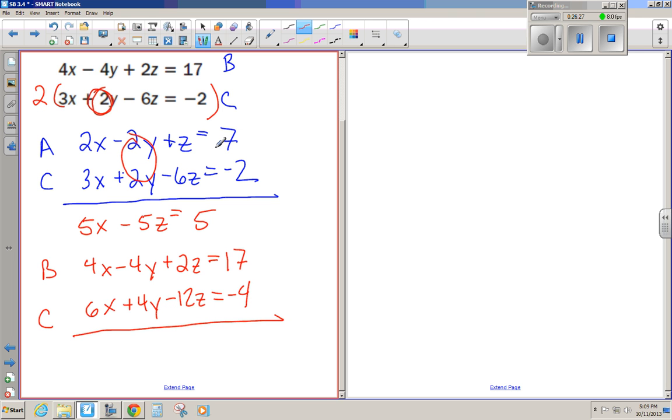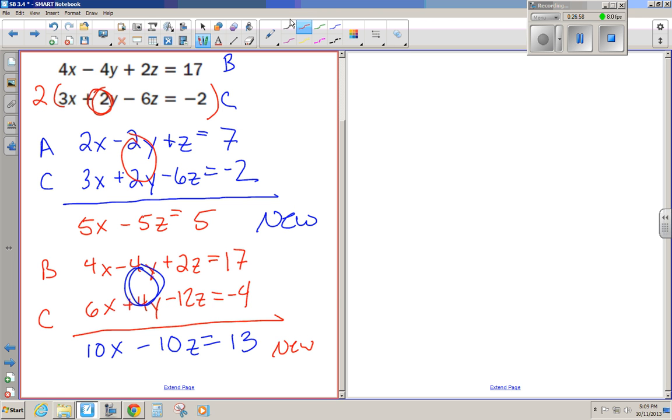Combine some like terms. That becomes 0. And this becomes 10x minus 10z equals 13. So I now have a new equation here and a new equation there.